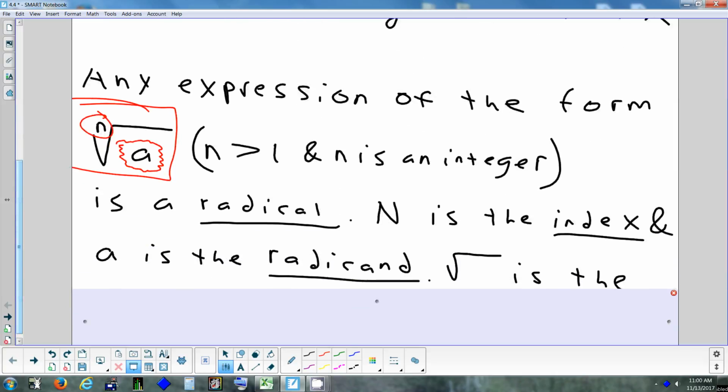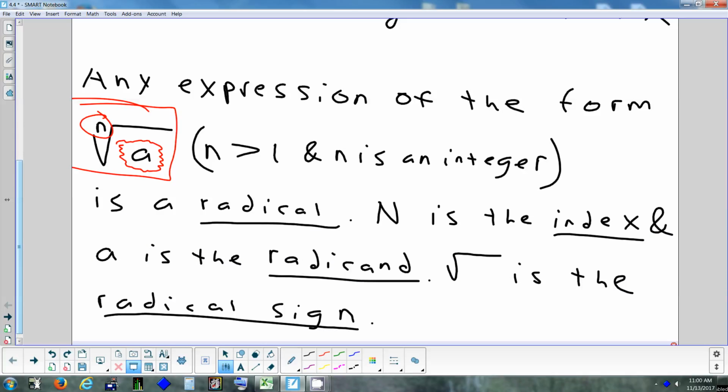And the actual thing that I drew here, that's the symbol itself, the radical sign. So the radical is the whole expression, the index is the number written inside that little check mark, and the radicand is what's under the root.